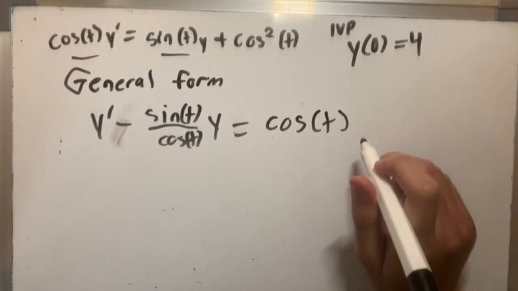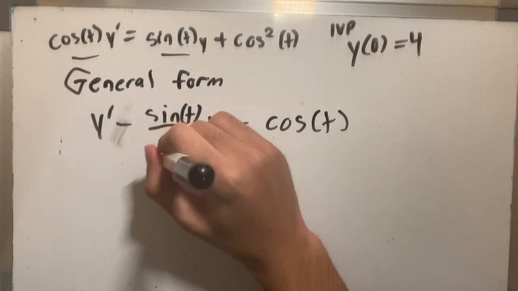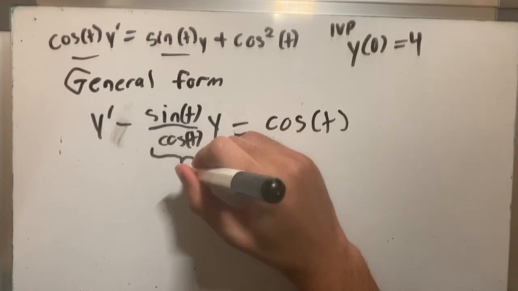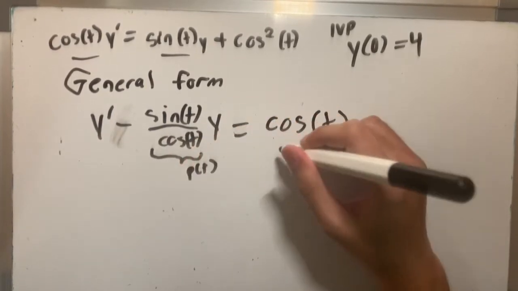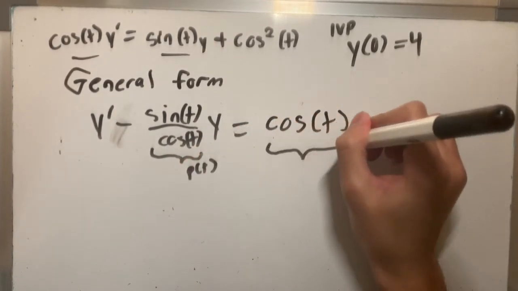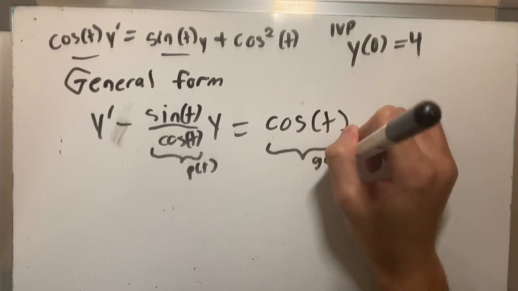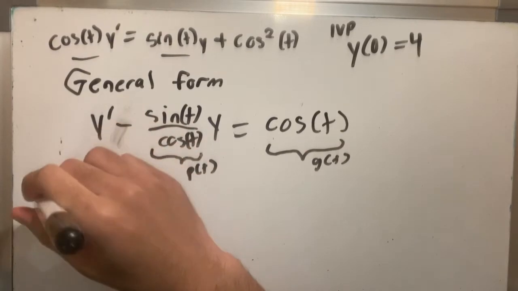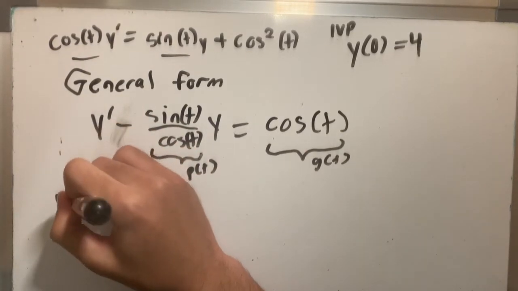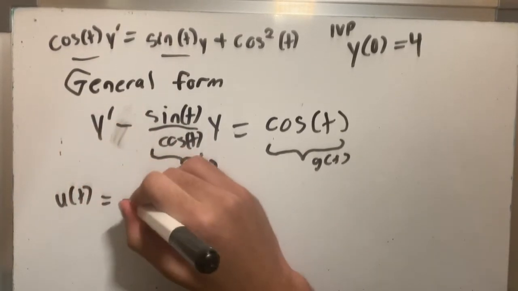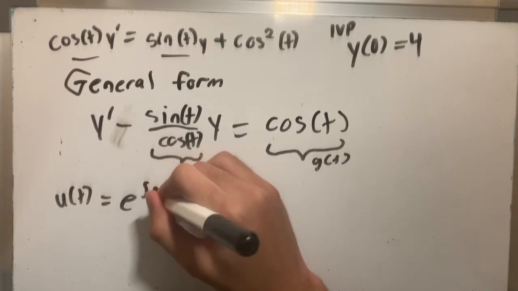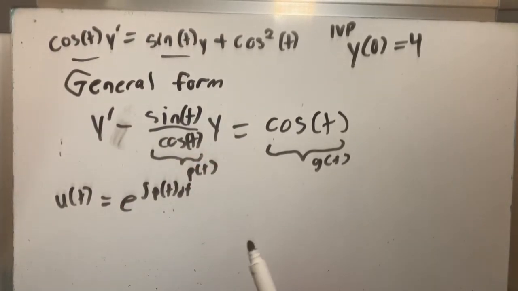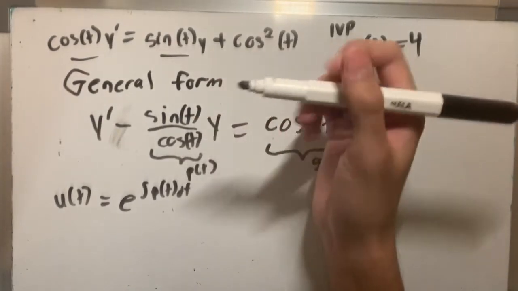So we have this equation now, and we define the coefficient function here as p of t and this function as g of t. Once we found our general form, we have to find the integrating factor, which is u of t, and u of t is equal to e to the integral of p of t. It's easy to find the integral of p of t because we've already defined it in our general form.